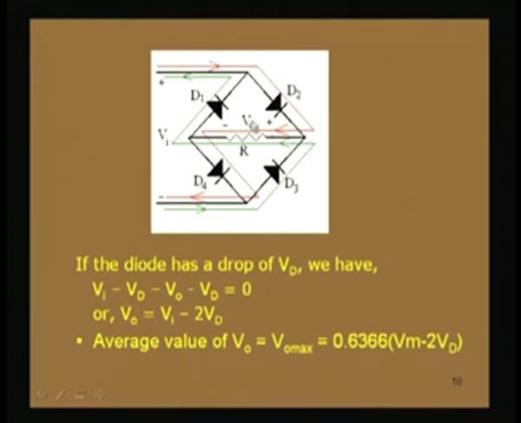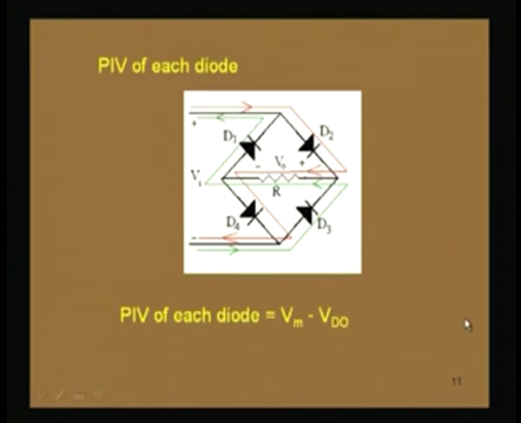This 2 Vd will have to be subtracted from the peak value of the input waveform to get the output voltage wave, and that will have to be multiplied by, of course, this 0.6366. So, for a practical diode, this is the average value.